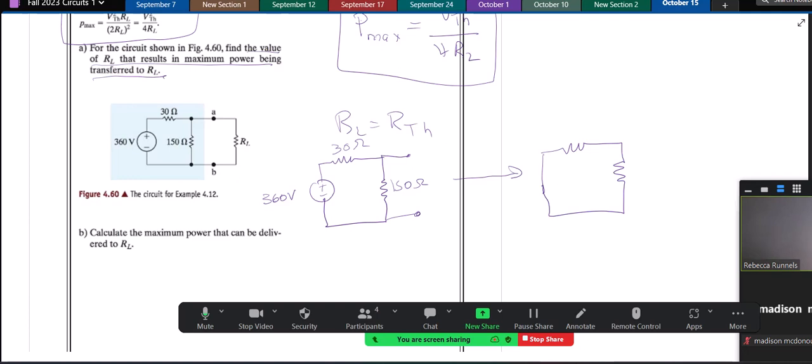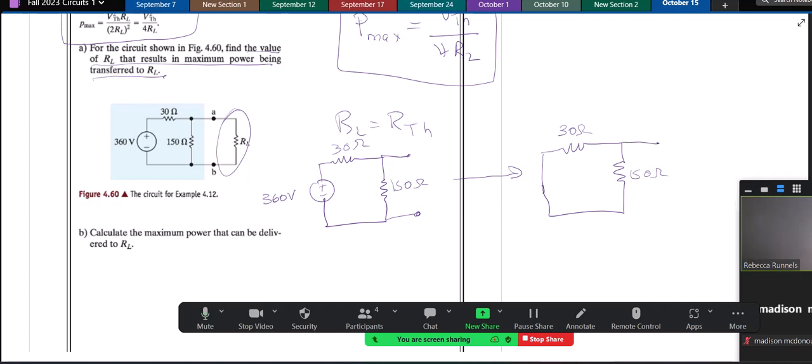And now I need to find R Thevenin. In this particular example, it's even more important to see why we say we want the resistance as seen by where we're putting that load. Just looking at what we have left, we just have this square here. Are these resistors in series or parallel? Well, the way it's drawn, you don't have an answer to that.